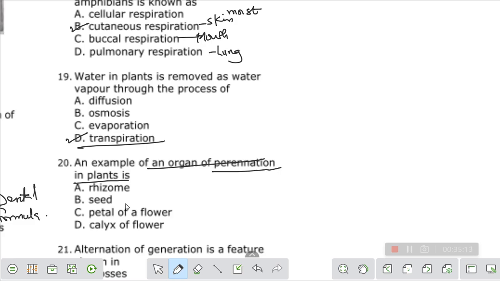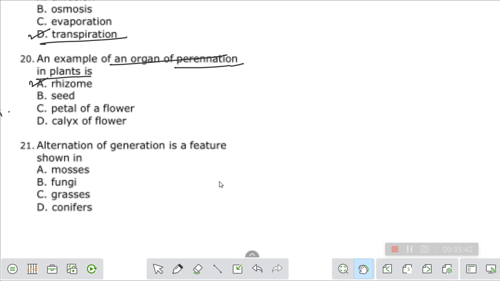Now, alternation of generation is a feature of which of the following? Alternation of generation is a feature shown in A, mosses.